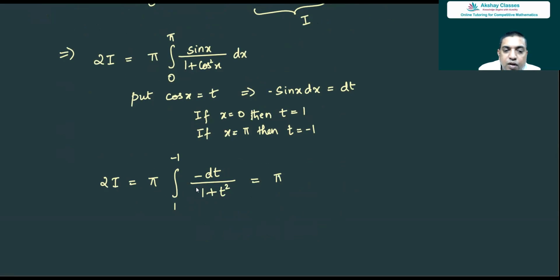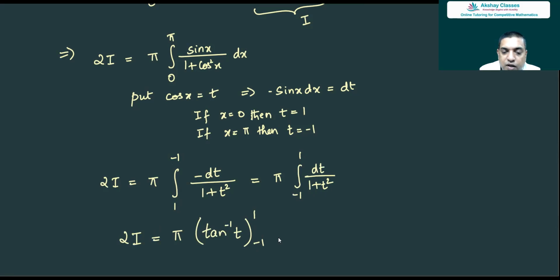So this minus sign, if you remove the minus sign, the limits will reverse. So minus 1 to 1 dt upon 1 plus t square. So 2I is pi times tan inverse t from minus 1 to 1.